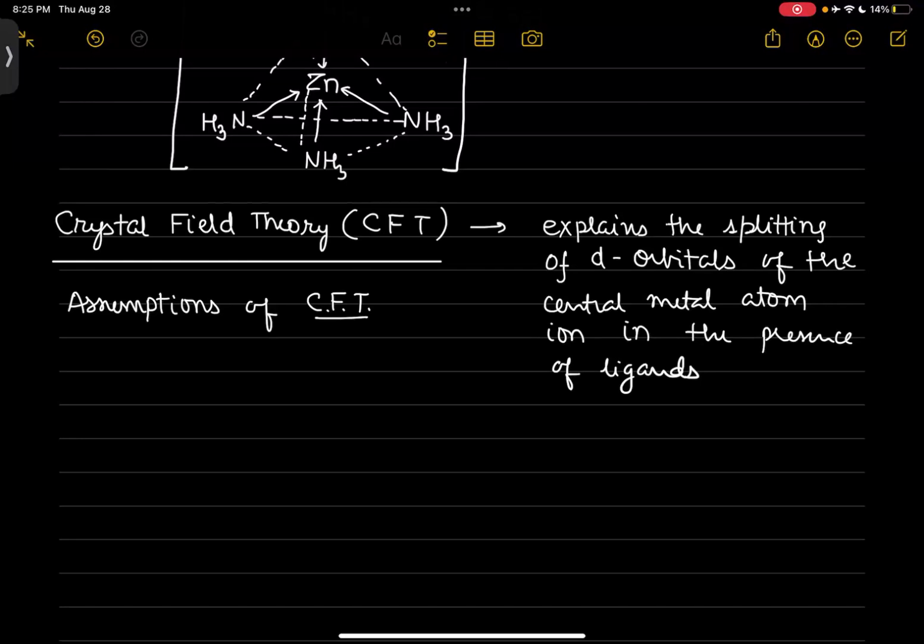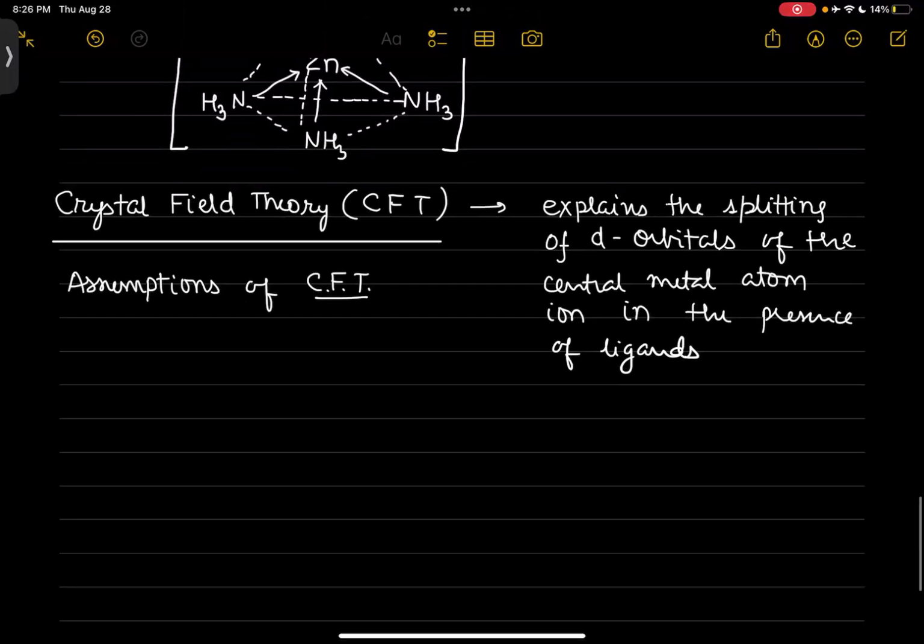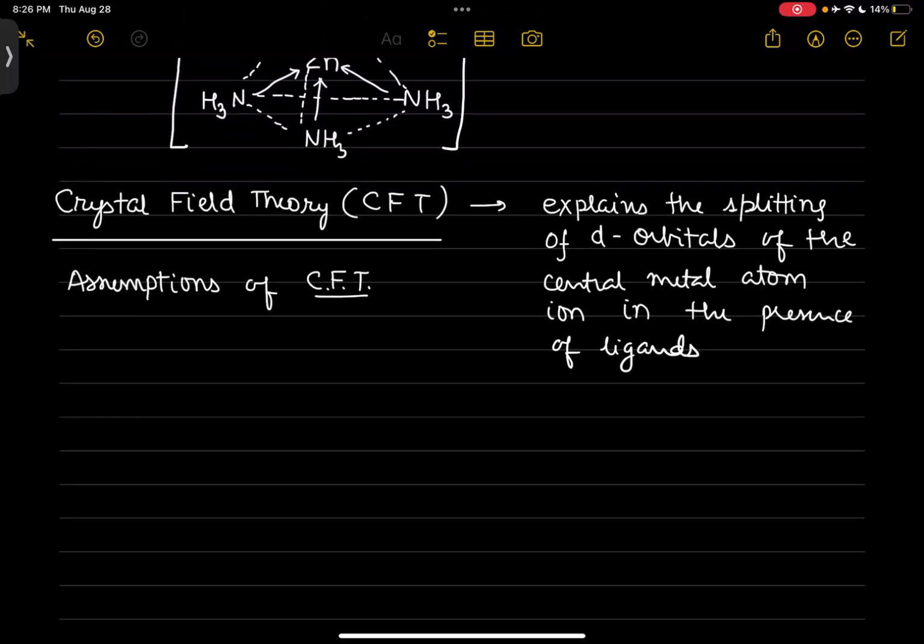Splitting actually means that the d orbitals which were having equal energy, their energy became unequal when the metal is present in a complex surrounded by ligands. Is it clear? Yes. So that's what splitting means.